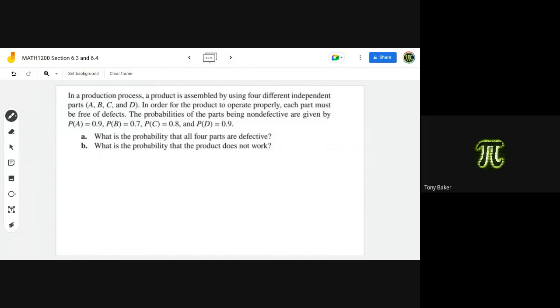All right. So not everything has to do with games, though. So when we're looking at product or production and stuff like that, we have to figure out the probabilities of things that are going to be defective. Any kind of production process has a certain percent where it's an acceptable defect rate.